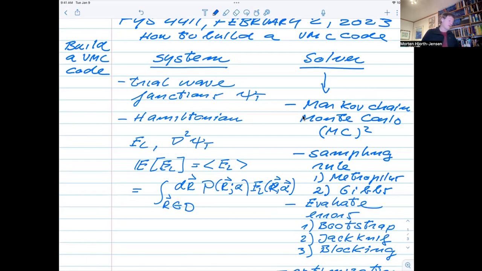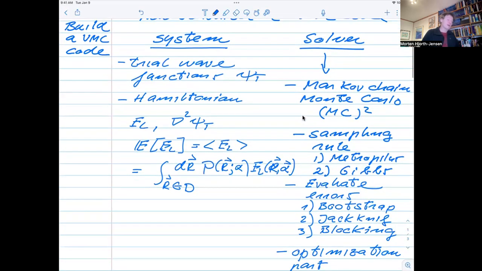So the other thing which we can do, instead of having a trial function which is based on lots of physics assumptions, is to replace, and this is a potential path for project number 2, psi of T with a neural network.